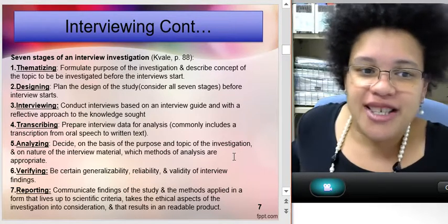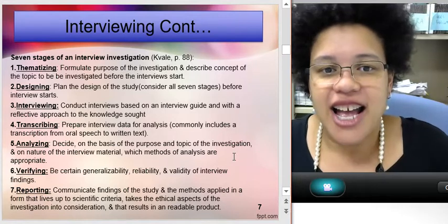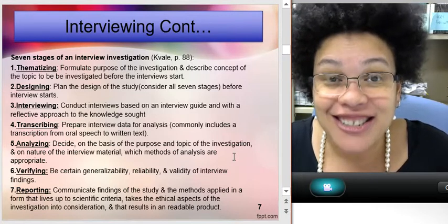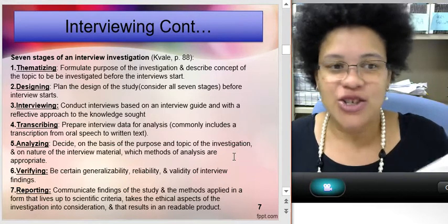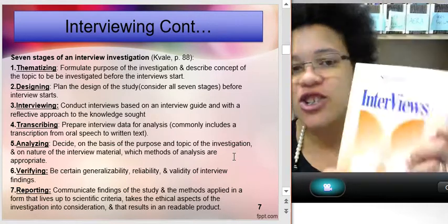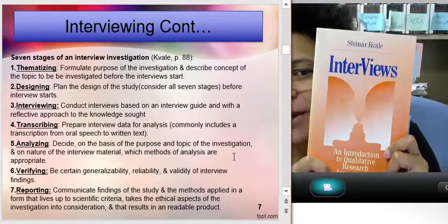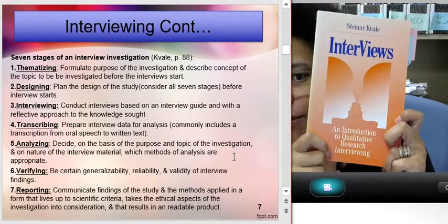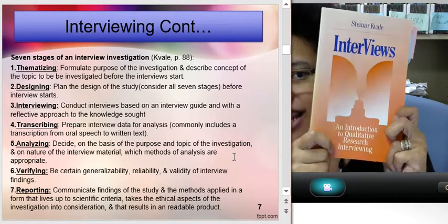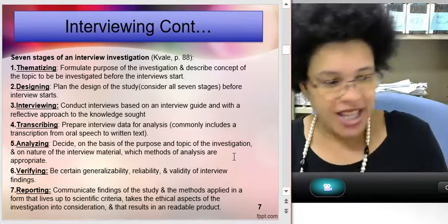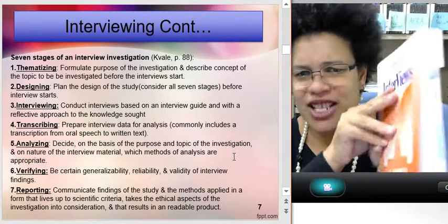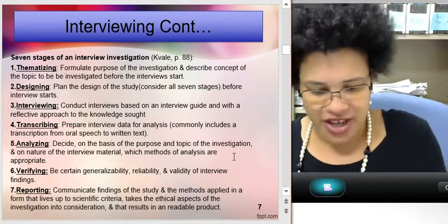There are two books that I was introduced to when I was taking one of my qualitative research methods classes. One was Interviews, a very famous book by Kvale, an introduction to qualitative research interviewing. It goes into a lot of depth, and there's a lot of theory in there as well.